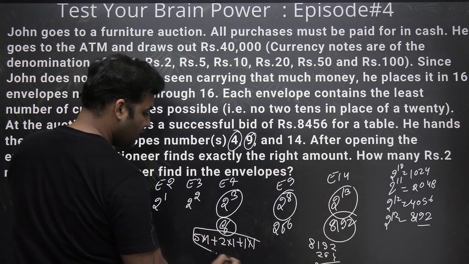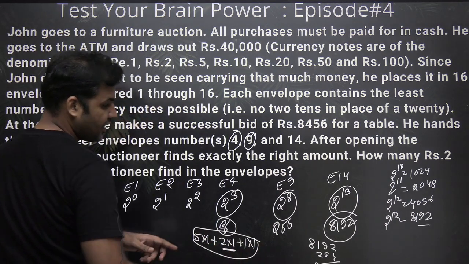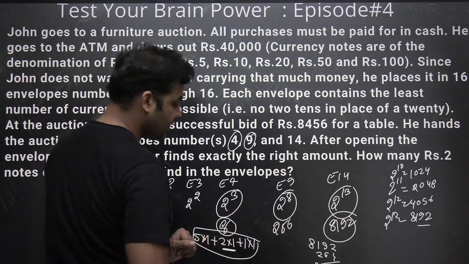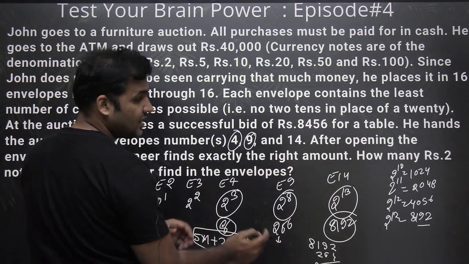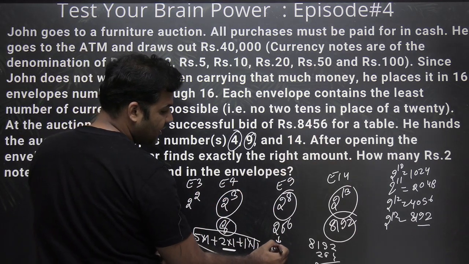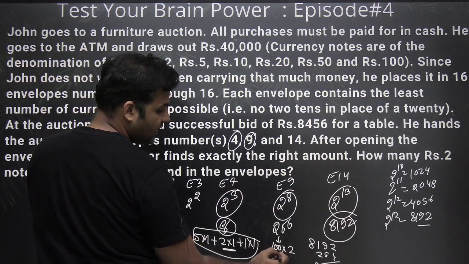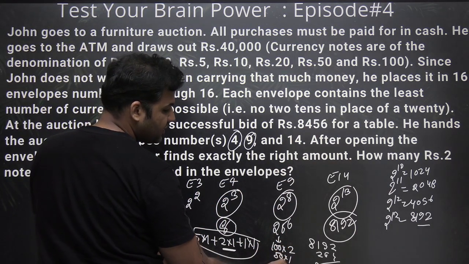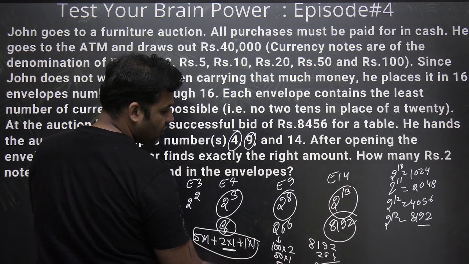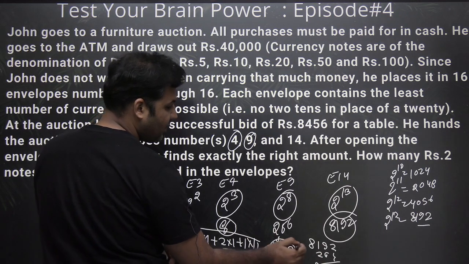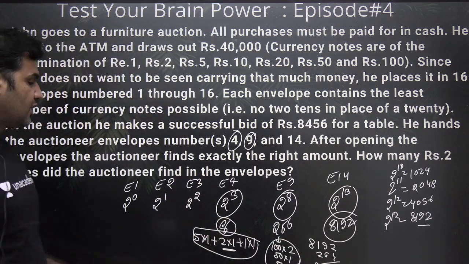So there will be 1 note of 2 rupees here. If I want to put 256 rupees here, with the least possible number of notes, I'll be using 2 notes of 100 rupees, 1 note of 50 rupees, and for 6 rupees I'll be using 1 note of 5 and 1 note of 1. That means in this envelope I don't have any 2 rupee note.